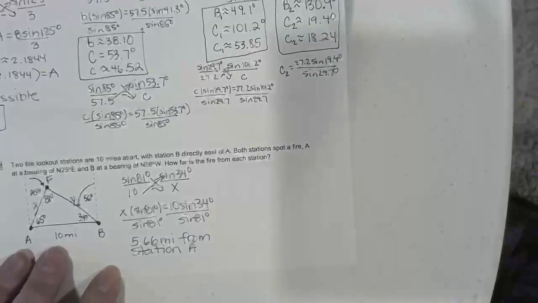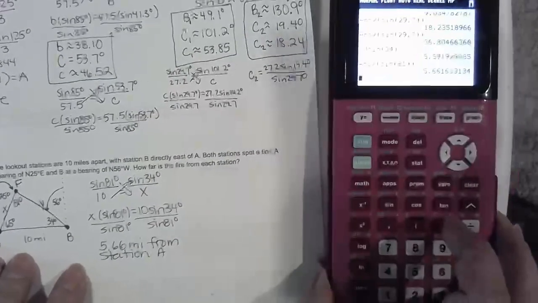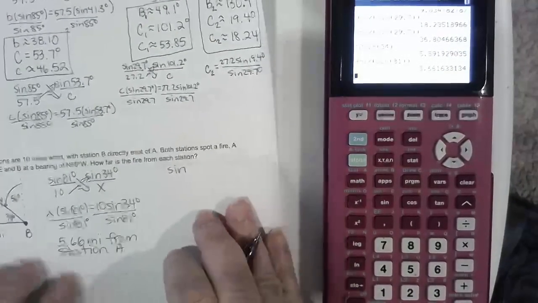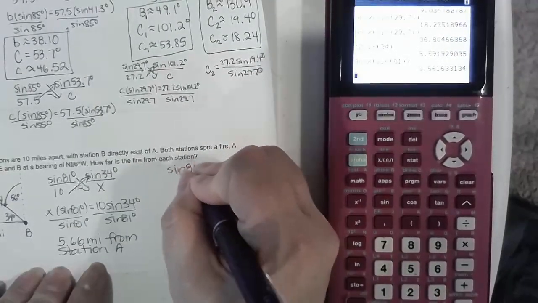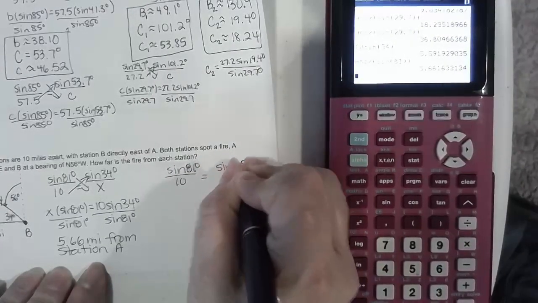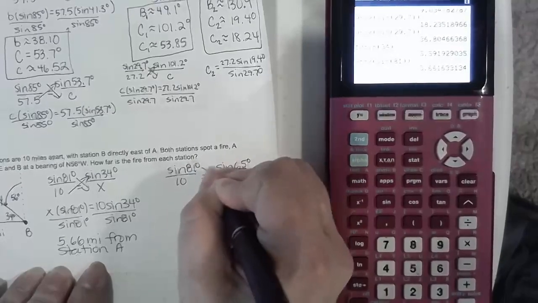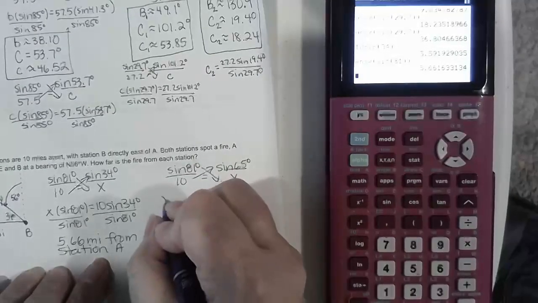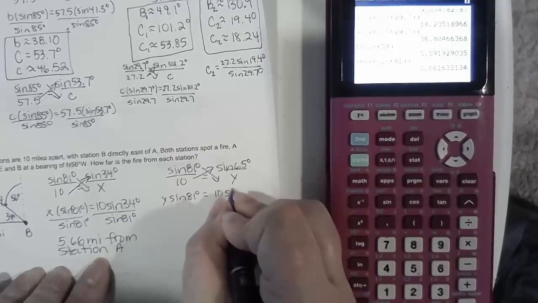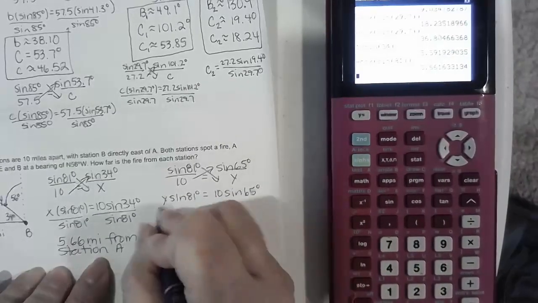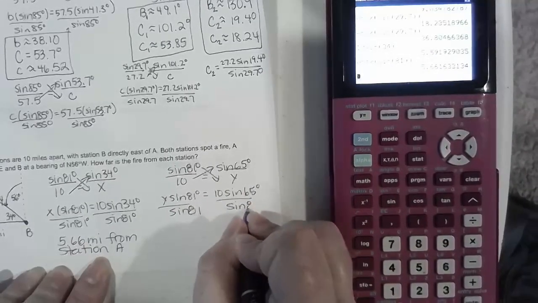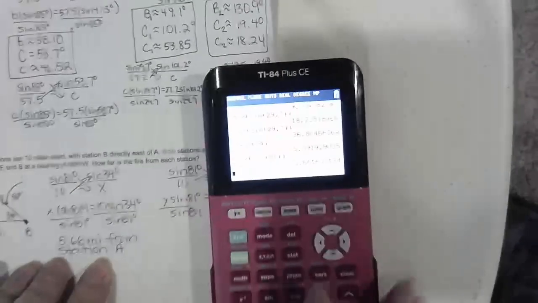And then I just have to do the same thing to find Y for station B. So I can do sine of 81 degrees over 10 equals sine of 65 degrees over Y, and cross multiply there. So Y times the sine of 81 equals 10 sine of 65. And then just like when we did to find X, I'm going to plug in the same thing.